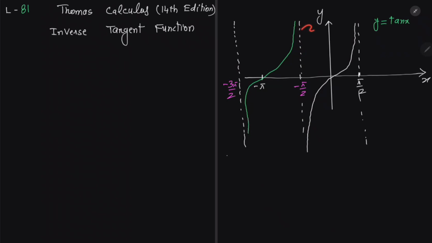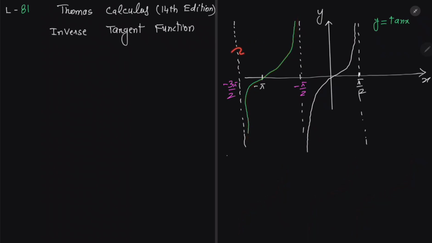Here again tangent x moves parallel to minus pi by 2, then it reaches 0, and then we have minus 3 pi by 2, where it just moves along this vertical asymptote. So this pattern continues like this.